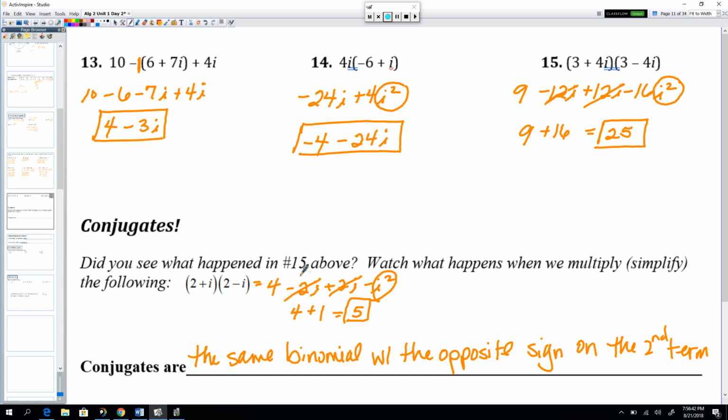Okay, you only change the sign on the second term. You do not change the sign on the first one. See how it's the exact same number on the first term? The second one is the only one that gets the sign changed. And when you do that, you've just created the conjugate.